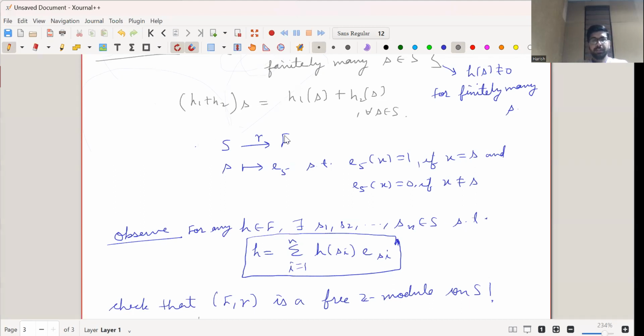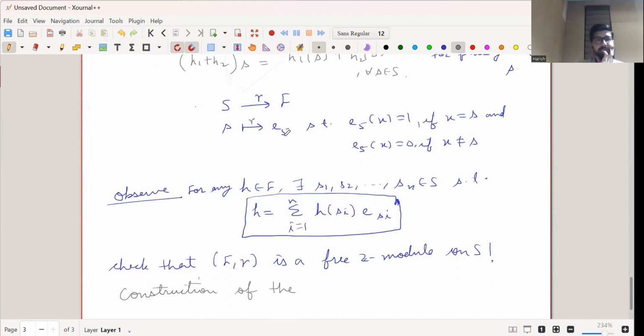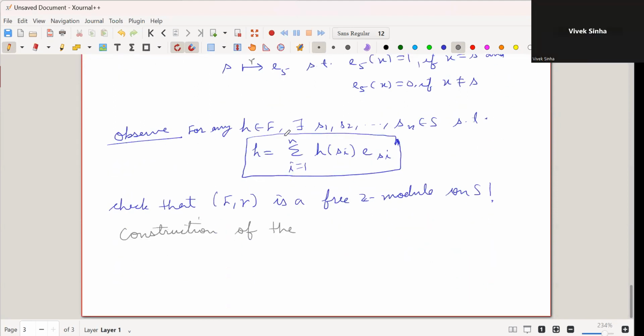So gamma is a map from S to F, mapping this small element s to the map ES in F. ES is actually the image of s under gamma. And ES is a map which is 1 only at s and 0 everywhere else.